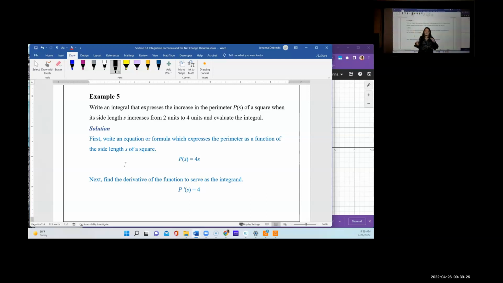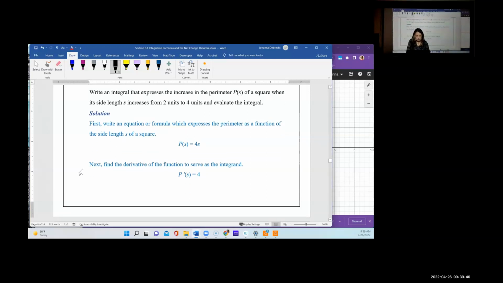But we're doing this with calculus, which can make it simpler to solve when we're talking about complicated formulas. These are not that complicated, but the method is the same when they are complicated. So the first thing you want to do is write an expression which expresses the perimeter as a function of the side length that's changing.